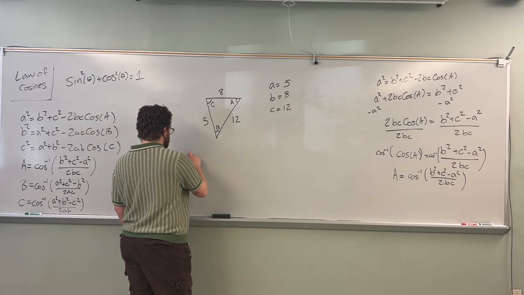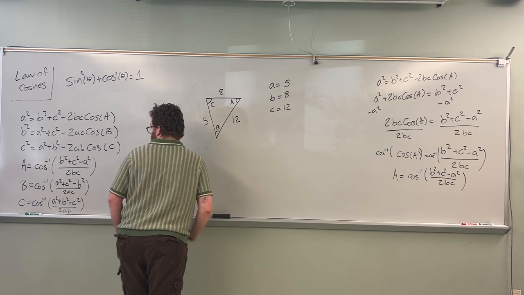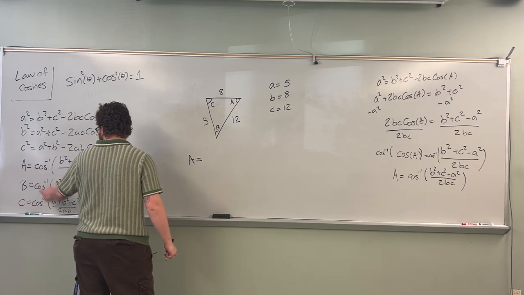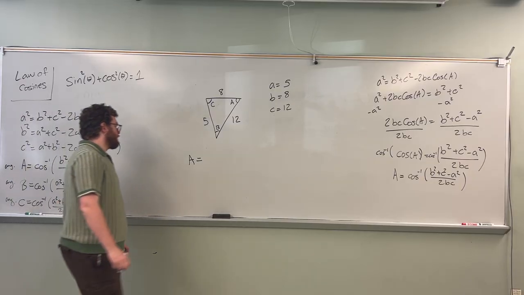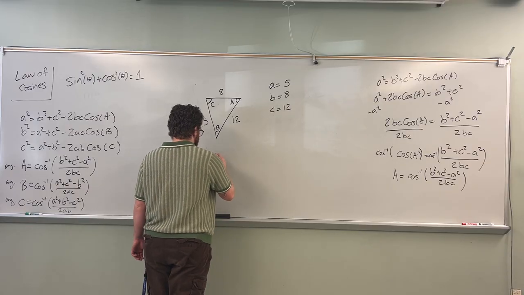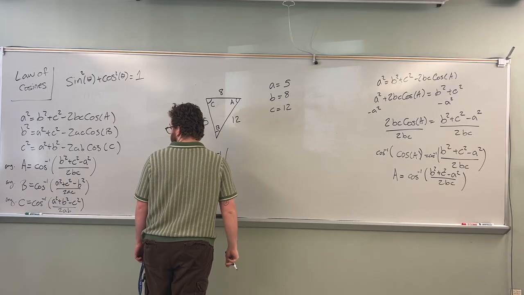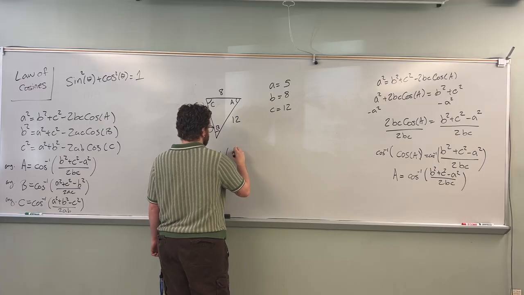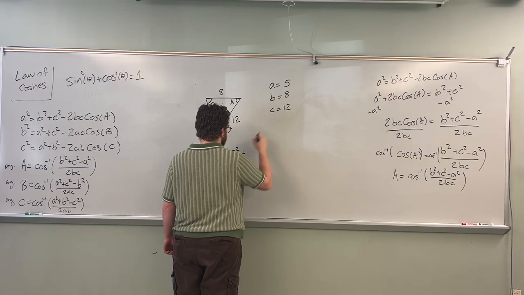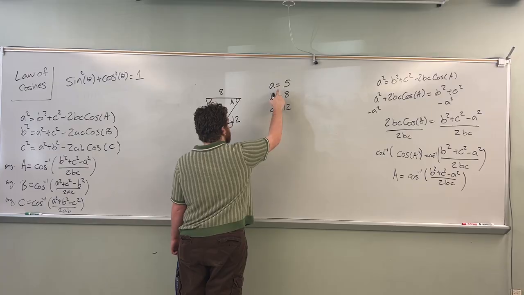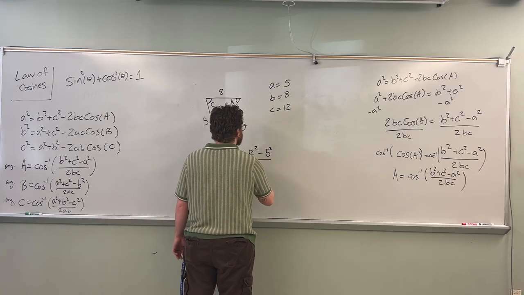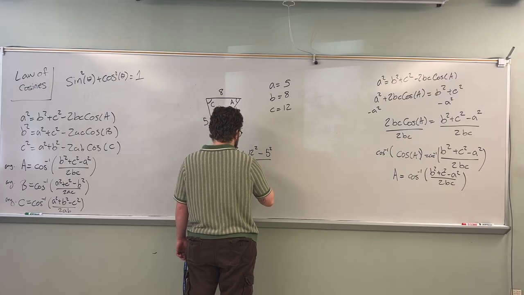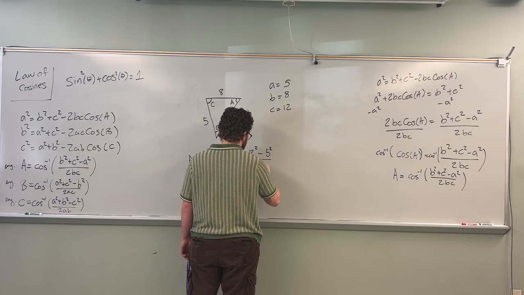For instance, my angle A is equal to, using my formula for this, it's the inverse cosine of b squared, 8 squared, plus c squared, which is 12 squared, minus a squared, which is 5 squared, over 2 times b, which is 8, times c, which is 12.